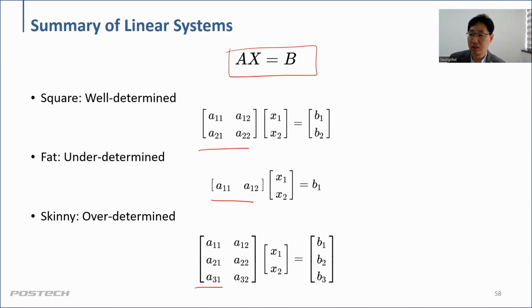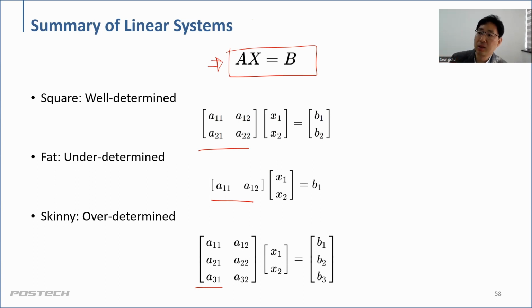Here I summarize the linear systems and say everything transforms into this form. The only difference is whether the system is well determined, underdetermined or overdetermined, so the shape of A is sometimes square, fat, or skinny.